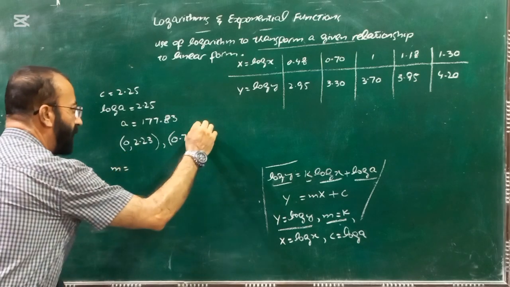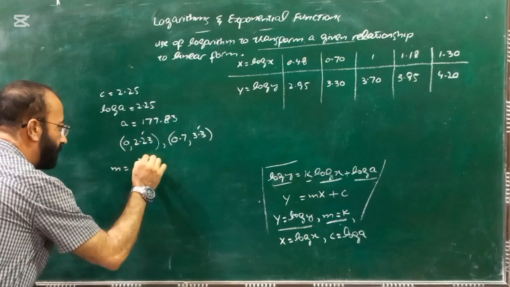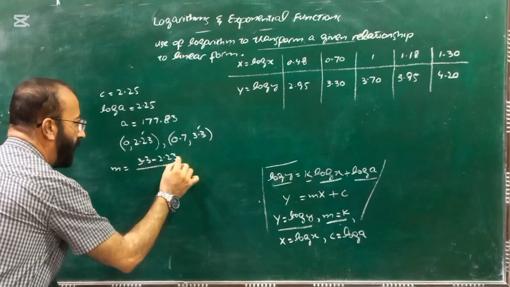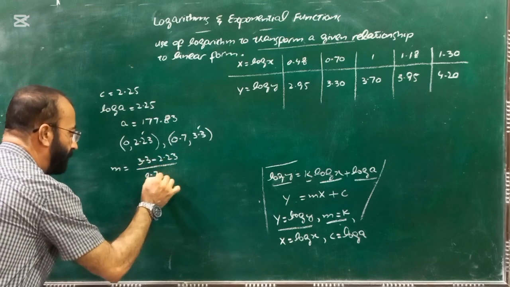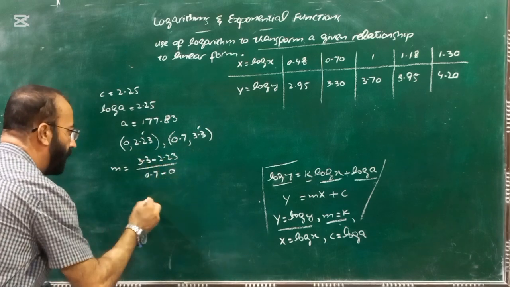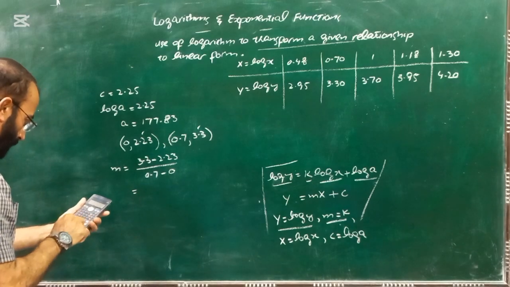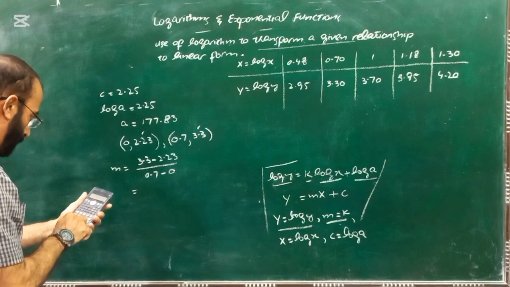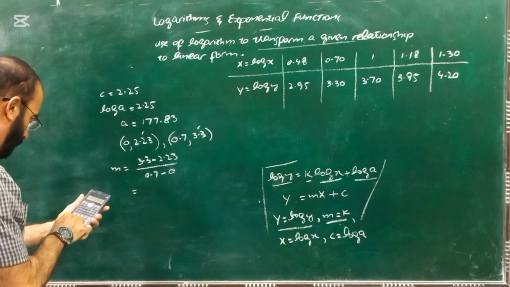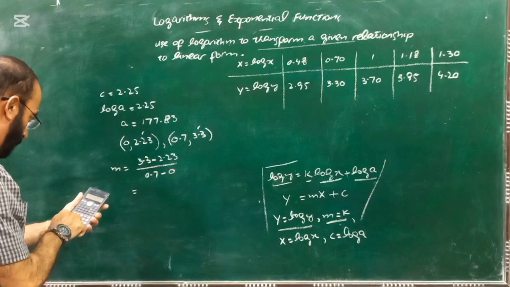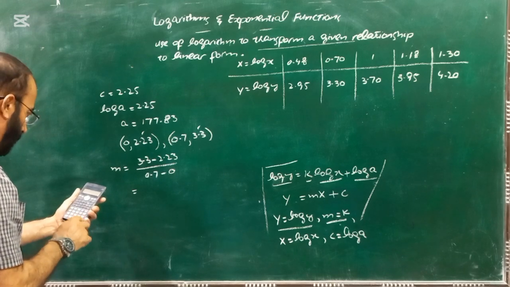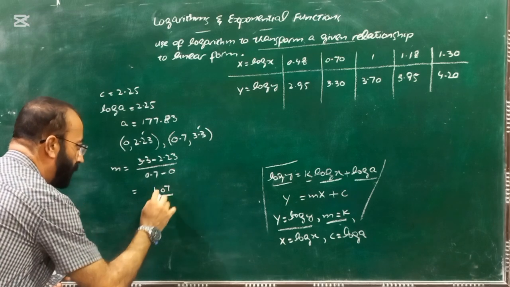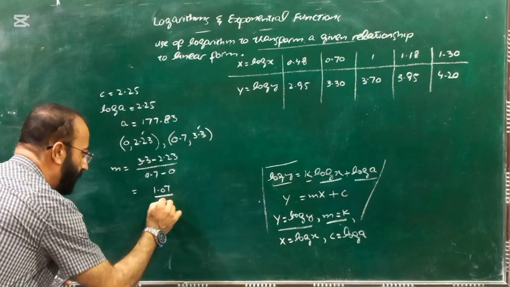Look now, y2 minus y1, 3.3 minus 2.23, divided by x2 minus x1. So 0.7 minus 0. So 3.3 minus 2.23 is equal to 1.07. 0.7 minus 0 will remain as it is.